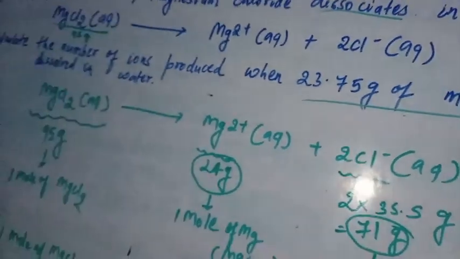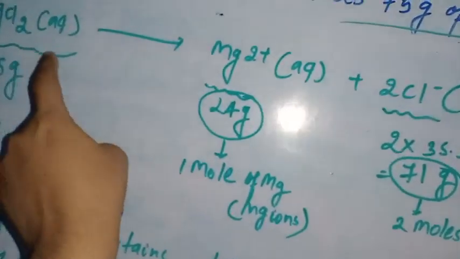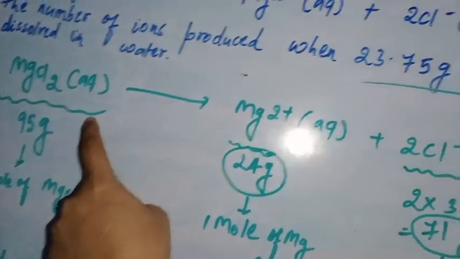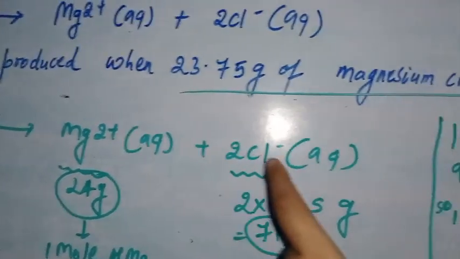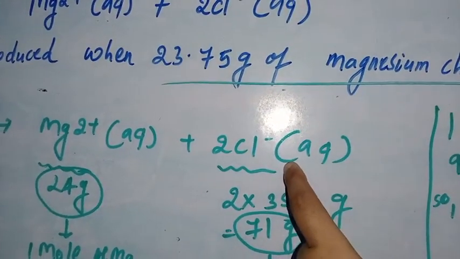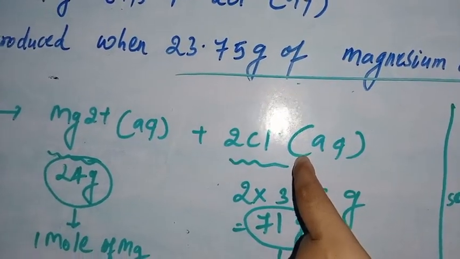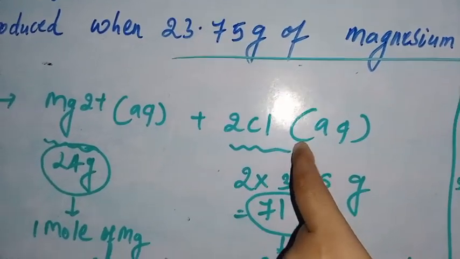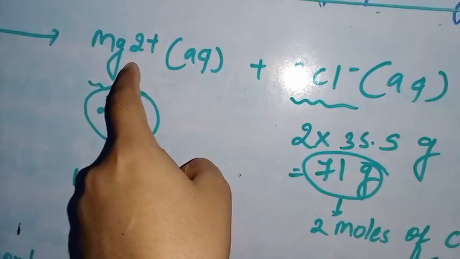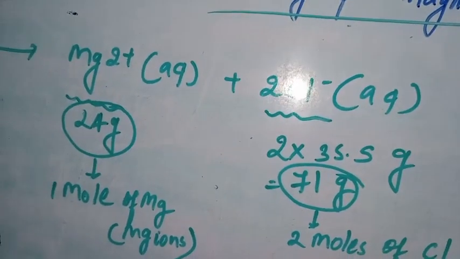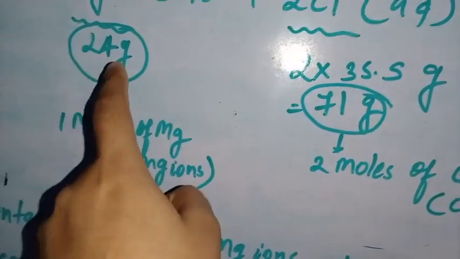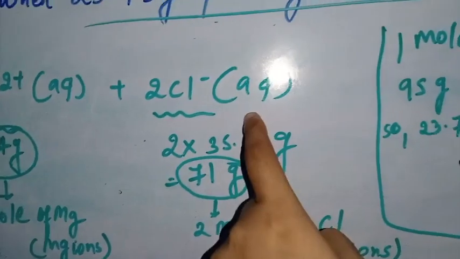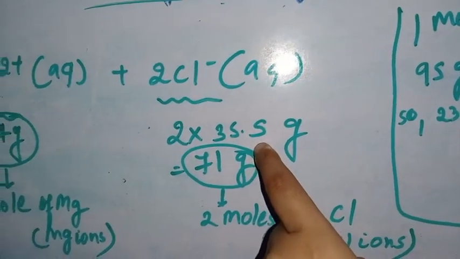Okay, so here I'll repeat what we have done. First we have calculated the molar mass of MgCl2, the molar mass of magnesium ions, and the molar mass of chloride ions. How have we calculated the molar mass of magnesium ion? The molar mass of a magnesium atom will be equal to its ion, so it's nothing but 24 gram, and for chlorine it is 35.5 gram.